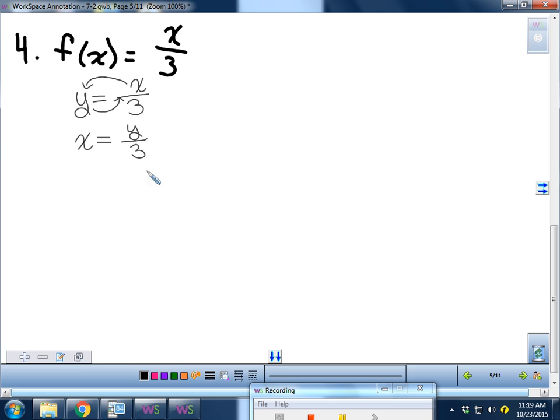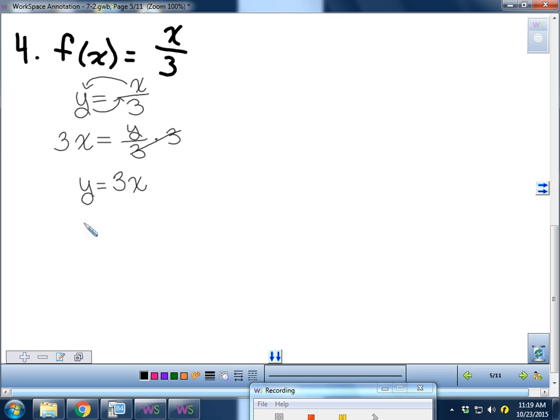Okay, I have to solve for y. y is being divided by 3, so I will multiply by 3. My 3's cancel, so I have y equals 3x. If y is completely alone, then I'm going to say, okay, this represents my inverse.